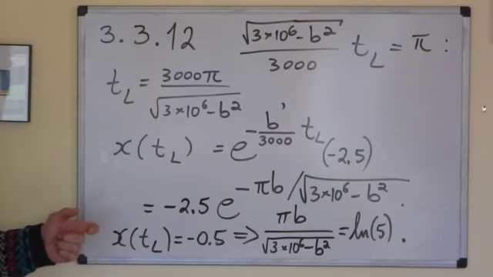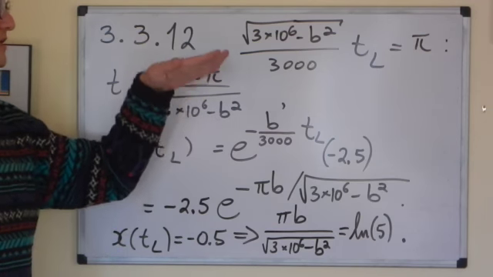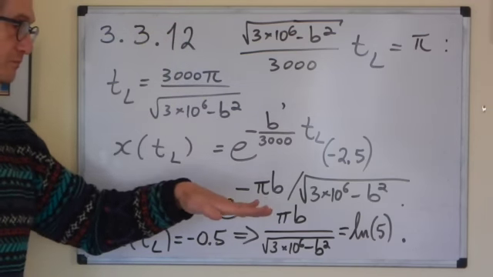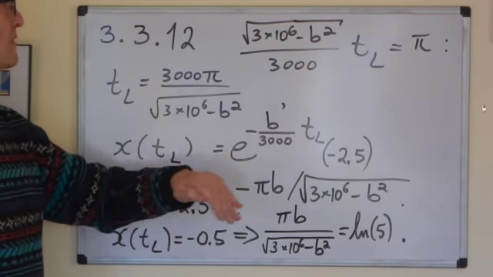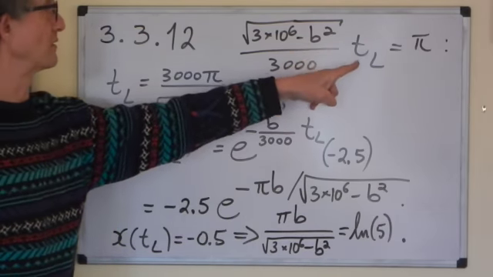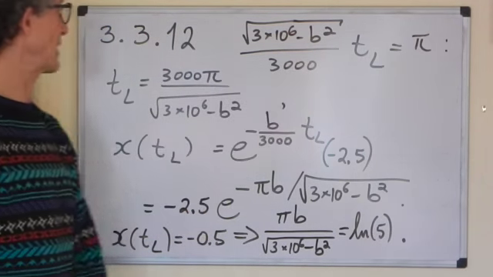We decided that the first time at which the height has a change in direction, so a minimum, is where the time t sub L, where this multiple of it is pi.